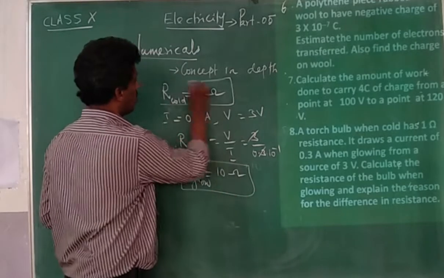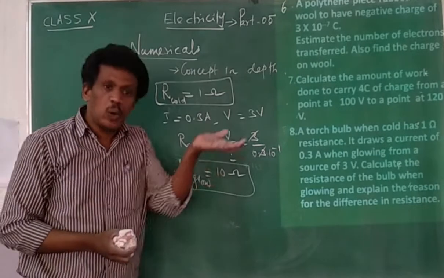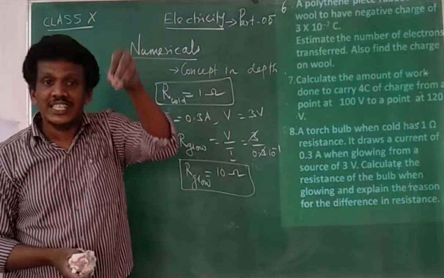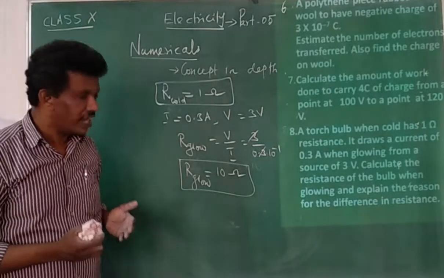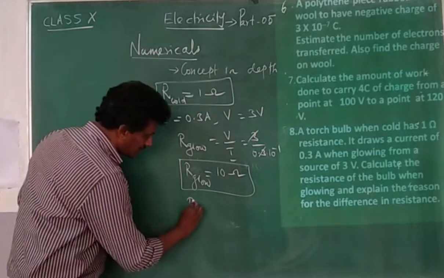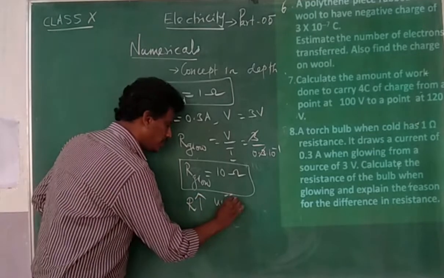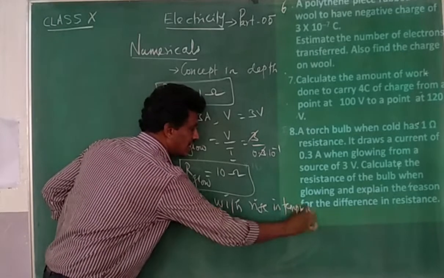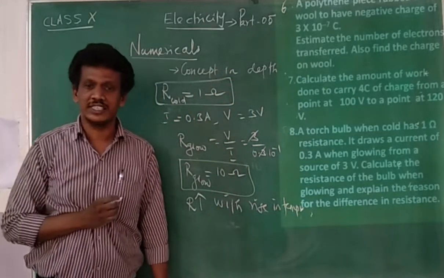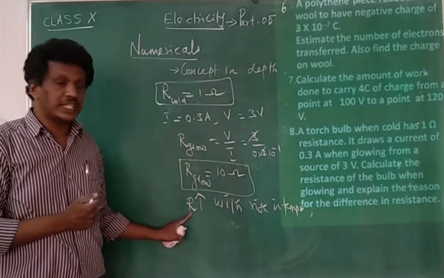Here, how much? 1 ohm. What is happening? Once the bulb starts glowing, the resistance increases. What is the concept we read? Resistance increases with rising temperature. Very, very important concept here. As the temperature increases, the resistance increases.